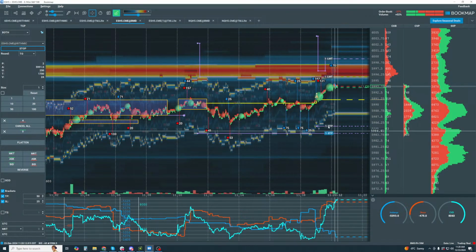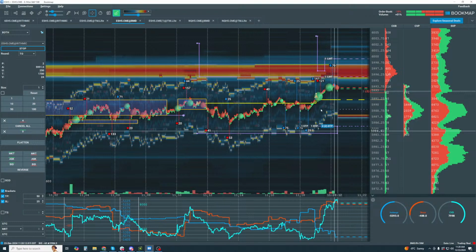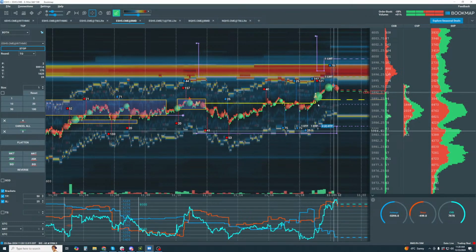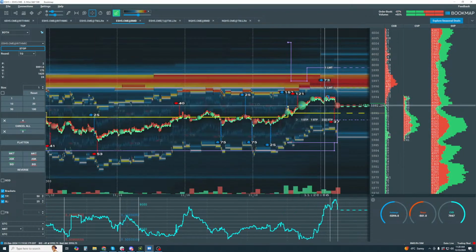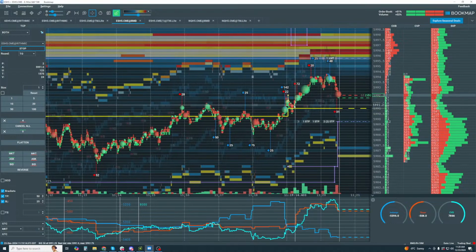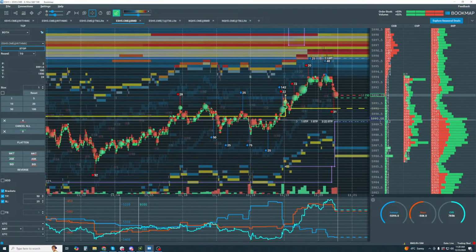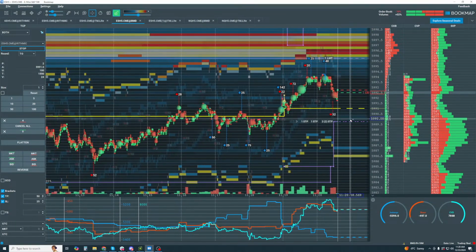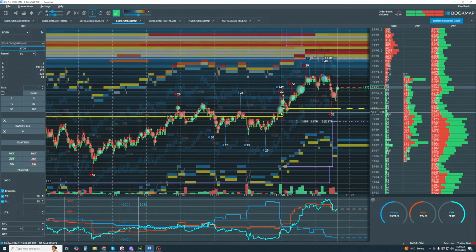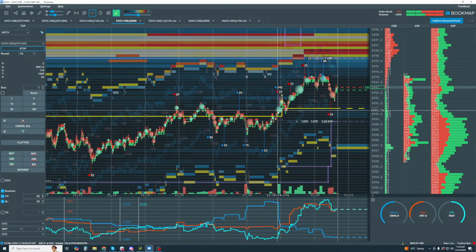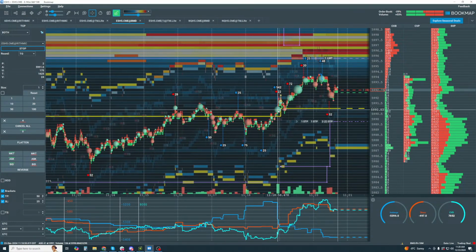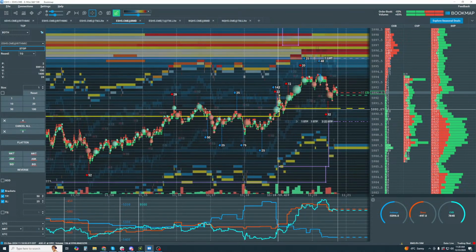I'm going to move my stops up. Thinking that this is where that demand came in, so this is where I'm looking for those buyers to support it again.